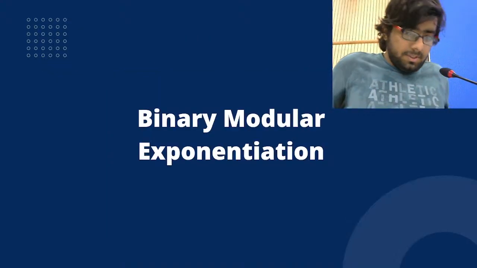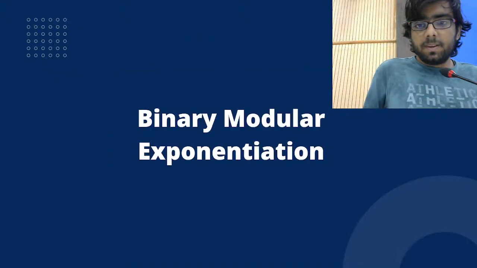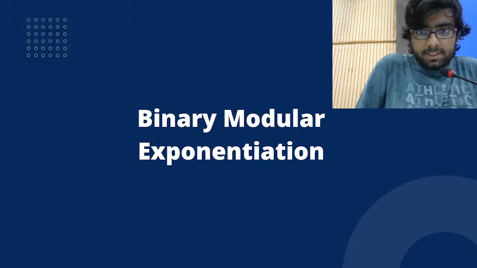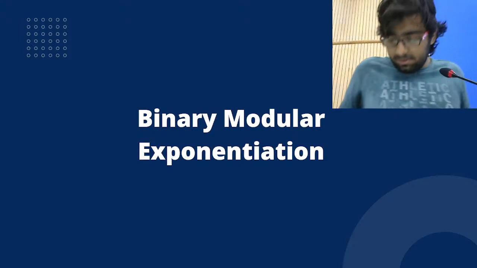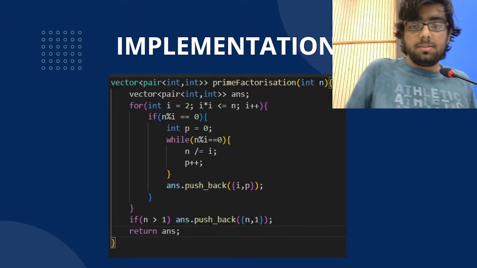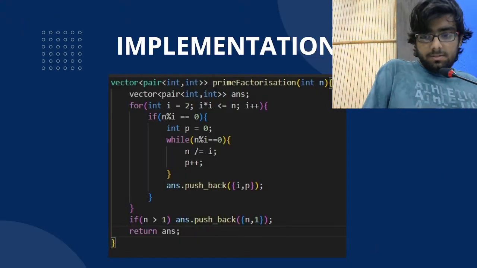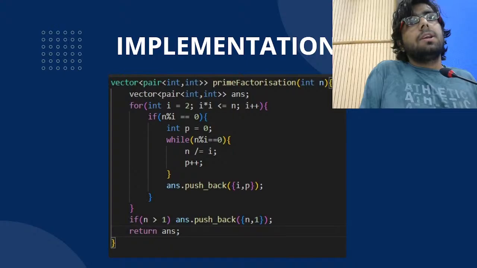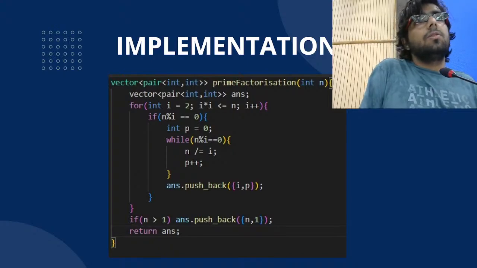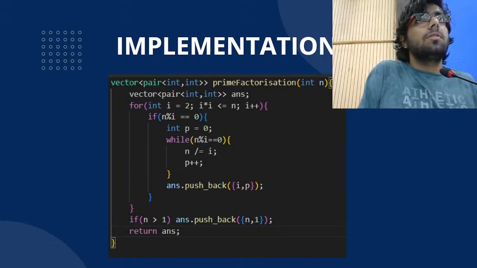So moving on to the next one, binary modular exponentiation. Sorry, before that, if we want to find the prime factorization of numbers from 1 to n, how would we do that? Any ideas on that also?